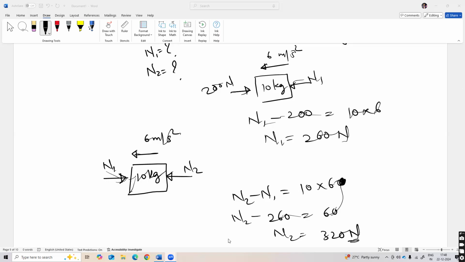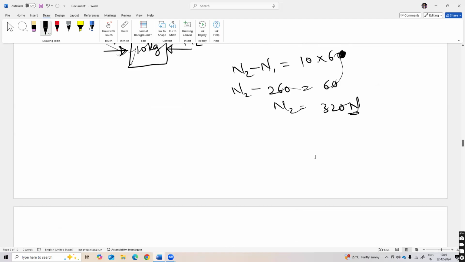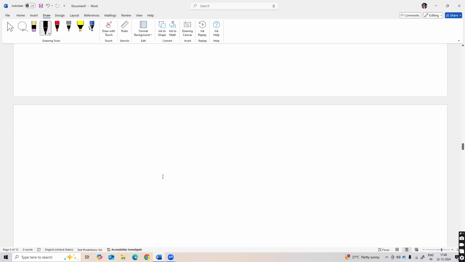Okay. Please look at the directions properly, because otherwise it will give you wrong answers. So better to keep direction in mind.